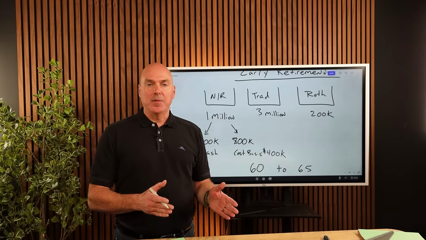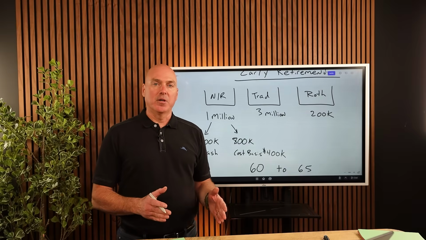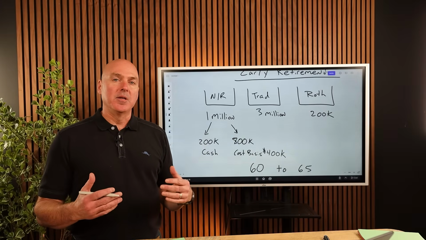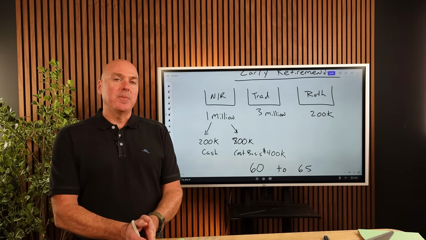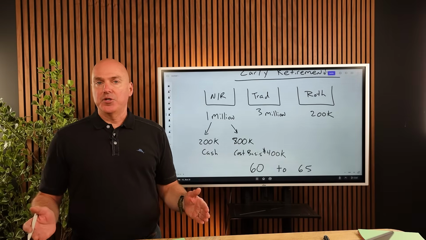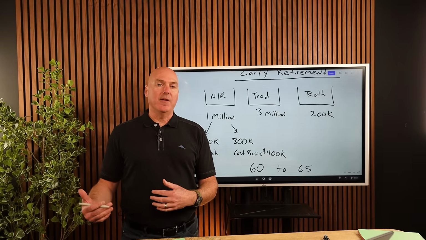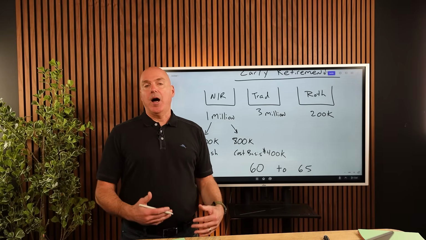A third option, as we're talking about this, and something we've worked out for a lot of our clients and scenarios, is to be able to skip the ACA program for the first year of retirement and just go on COBRA, which is a benefit that's available to everybody. So you can stay essentially on your company plan.